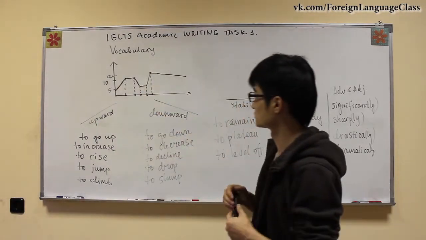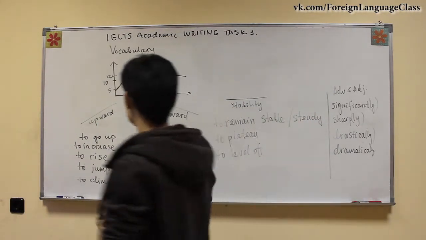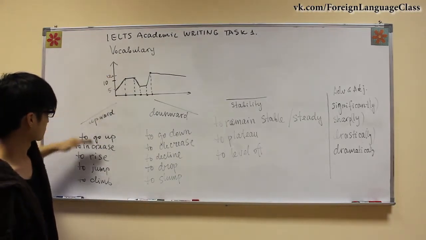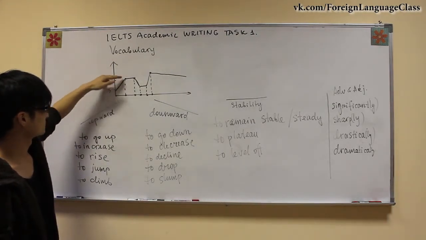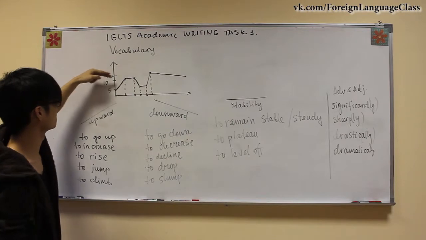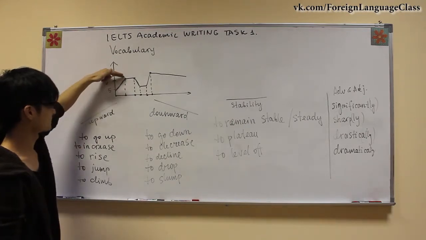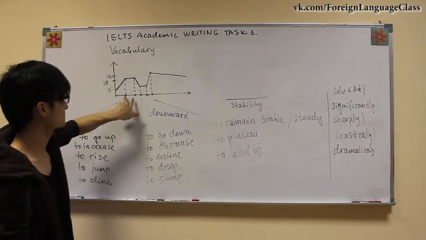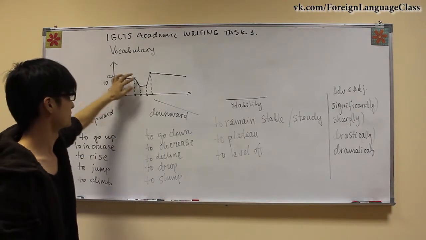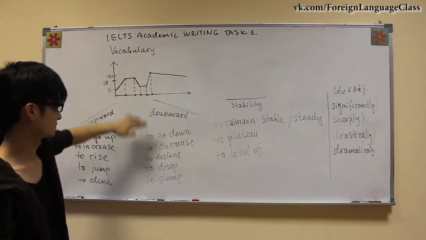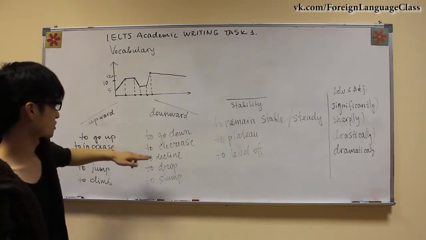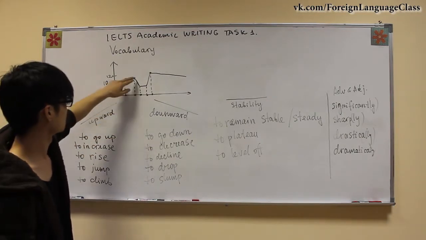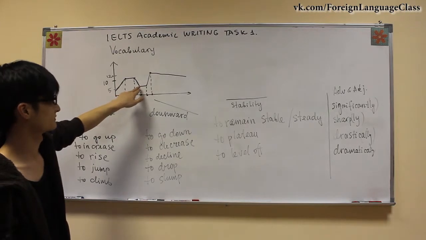So now let's try to use these words in a certain example. At first, it went up or increased to 10, let's say $10 million, and then plateaued or leveled off. It remained stable for a certain period of time, but after that there was a drop or a sharp decline or sharp decrease down to 5.